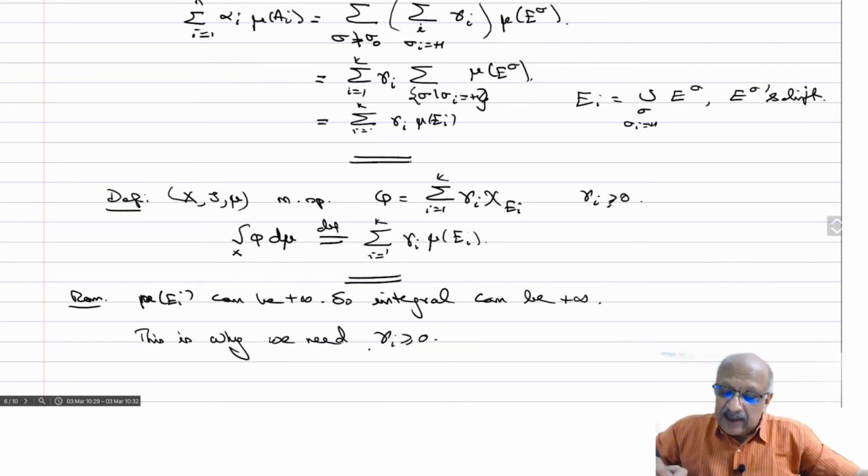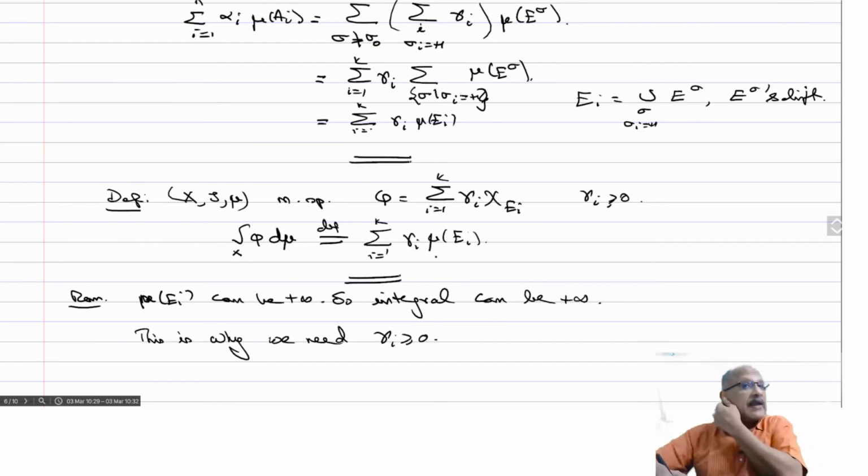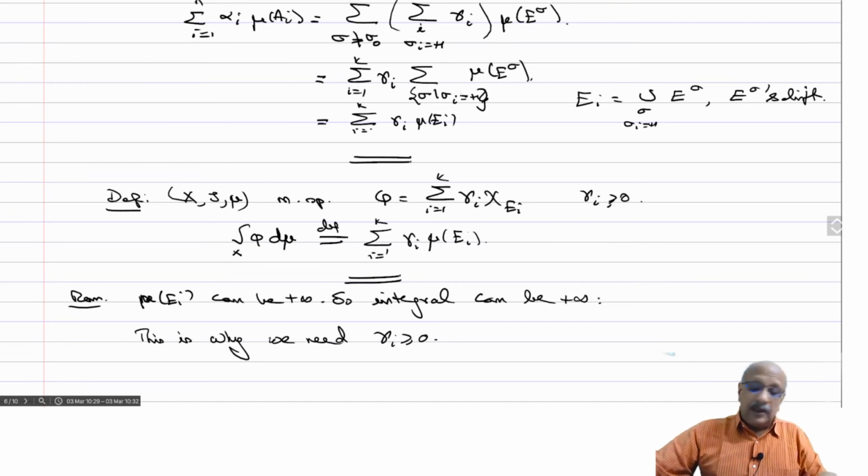If gamma_i changes sign, and you have mu of E_i infinite with gamma_i positive, and mu of E_j infinite with gamma_j negative, then you cannot add these numbers meaningfully. When you have two infinities with opposite signs, you cannot add them. Therefore, so that we do not have any ambiguity, we use only non-negative functions to start with.